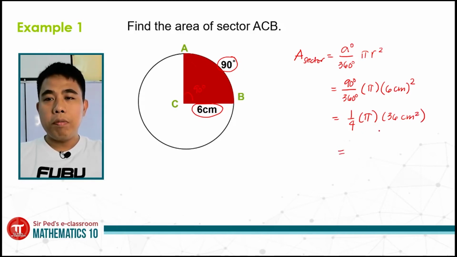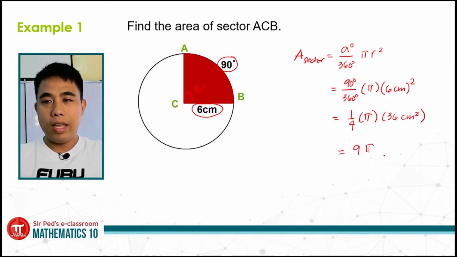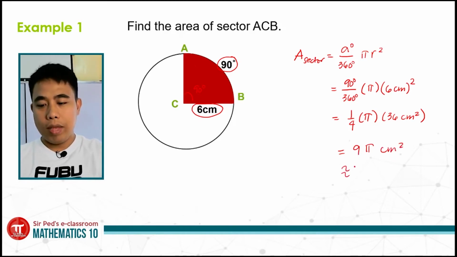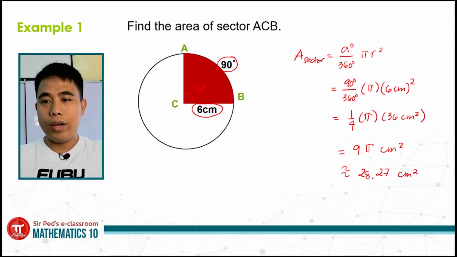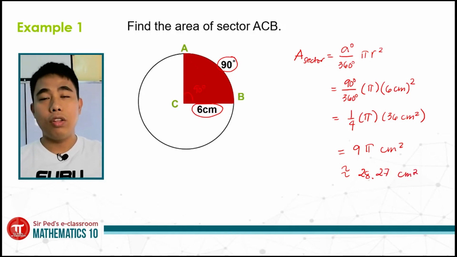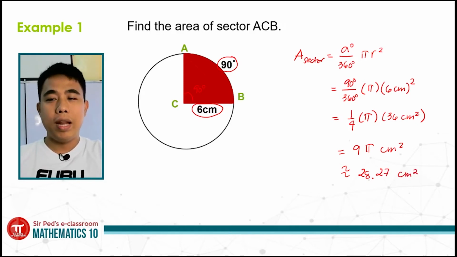So, simplifying, we have 36 divided by 4, that is 9 pi square centimeters, or approximately equal to 28.27 square centimeters, if we round that off to 2 decimal places.